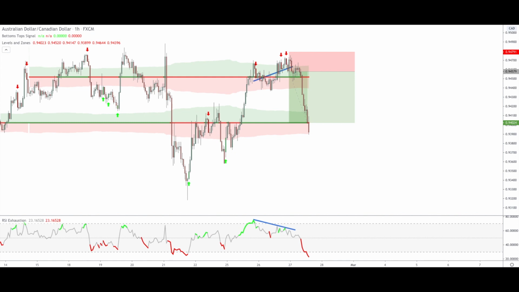So in that case, maybe I would have moved the target a bit lower, or as I said before, maybe I would have closed the trade partially at this level, and then aimed for a bigger target for another part of the trade.